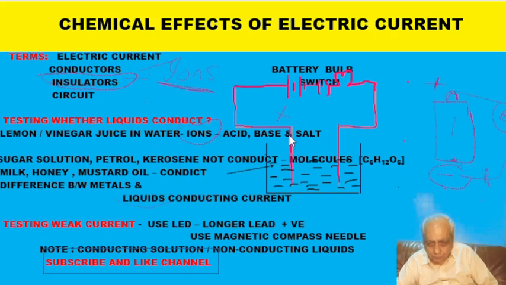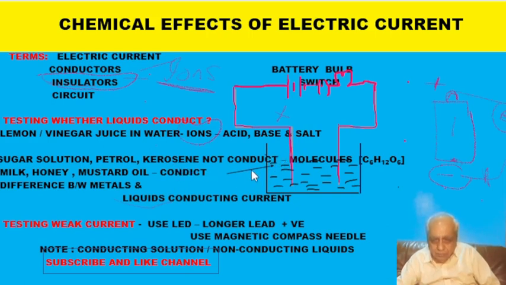We will learn now that the positive terminal, this rod, is called the anode, and the negative terminal is called the cathode. So hydrogen comes at the cathode and oxygen is liberated at the anode. So I will find some bubbles here, and if I collect this gas and test it, it will be oxygen. Is it all right?